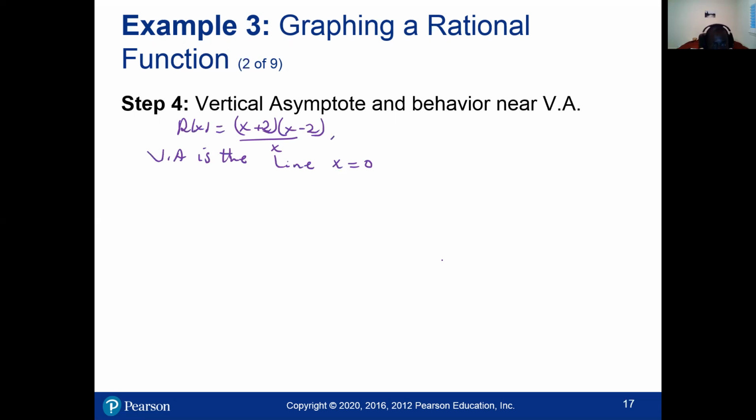So if we are approaching 0 from the left and right, what happens to the graph? This is where we draw a table.